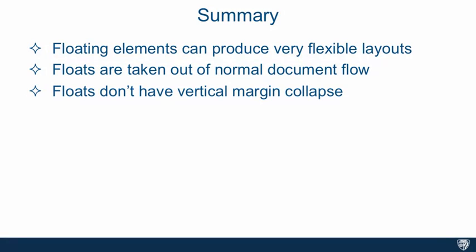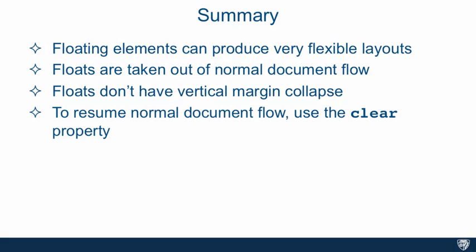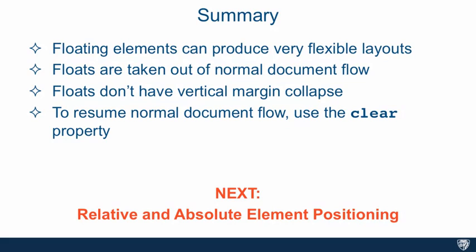Also, floats don't have vertical margin collapse, so previously hidden or collapsed margins will show up once you float the element. And remember that to resume normal document flow, use the clear property. Either clear left, clear right, or clear both. Next, we're going to talk about relative and absolute element positioning.